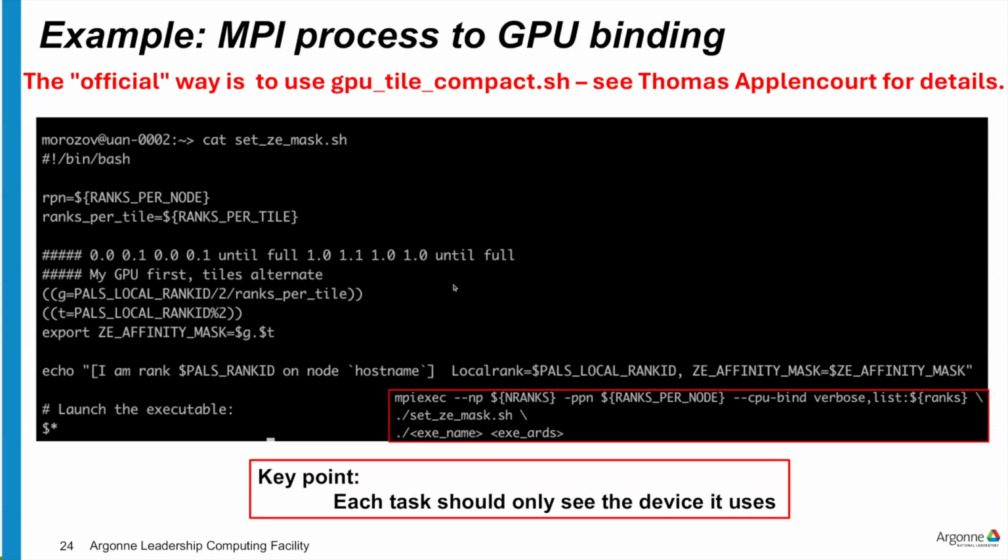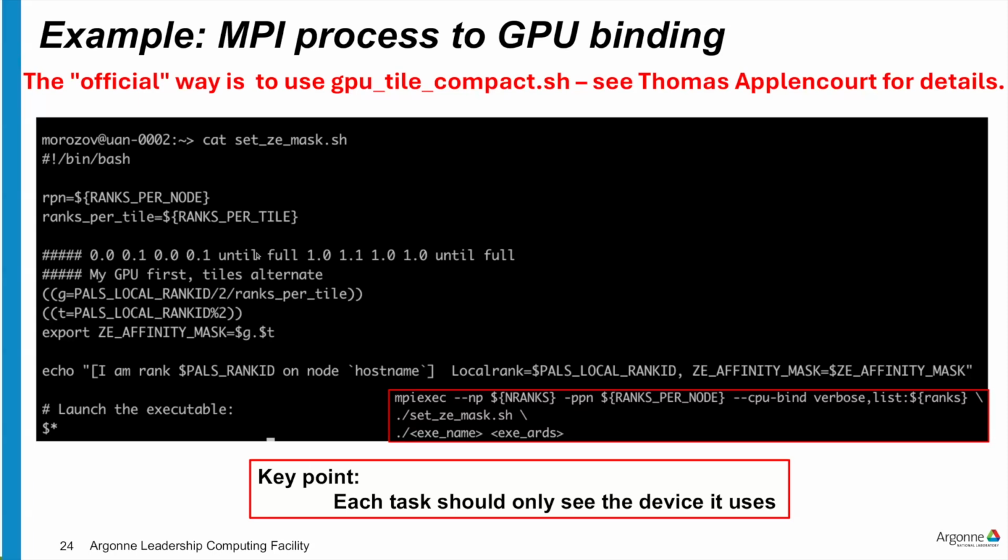Many people are using the compact environment for placing the GPUs so that the GPUs are allocated correctly, and the official way of using it is to use the gpu_tile_compact shell script for your mpiexec command. Not going deep into the details, I present you what this is actually doing, and you can do your own way of setting the variable in a way that the GPU affinity mask is identified according to your need.